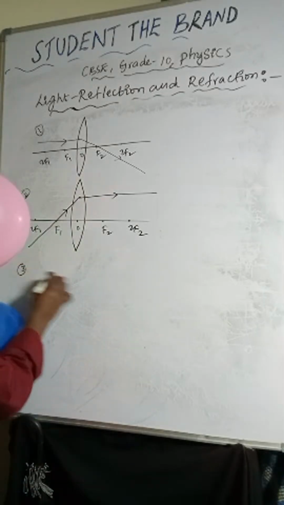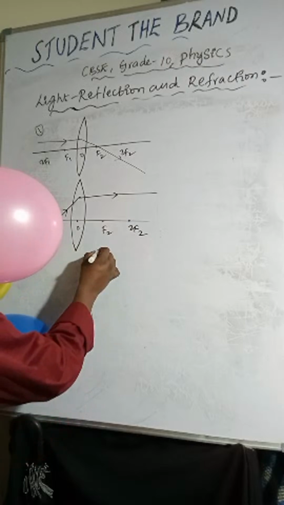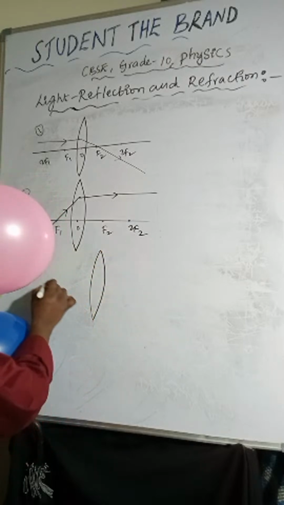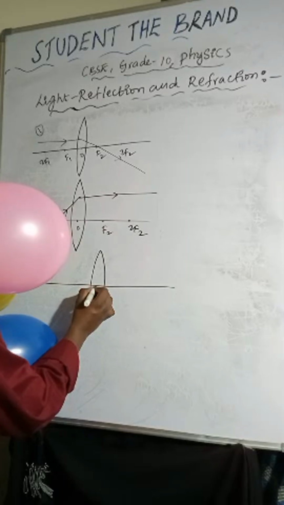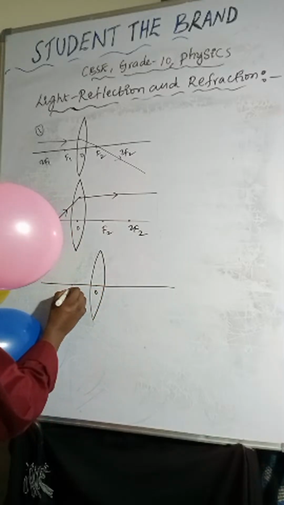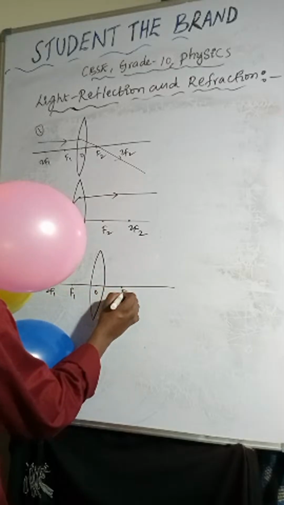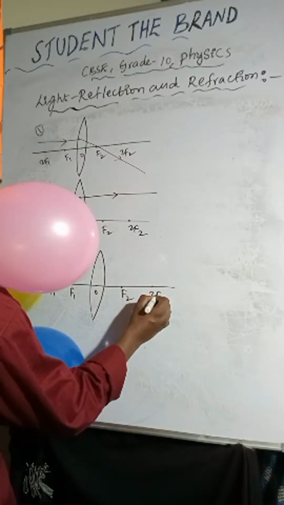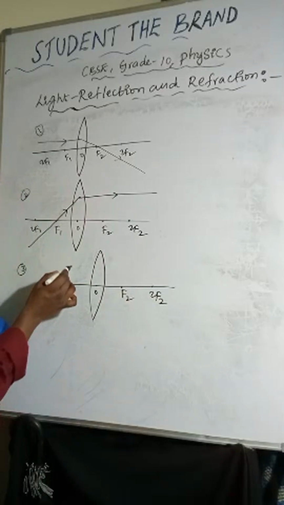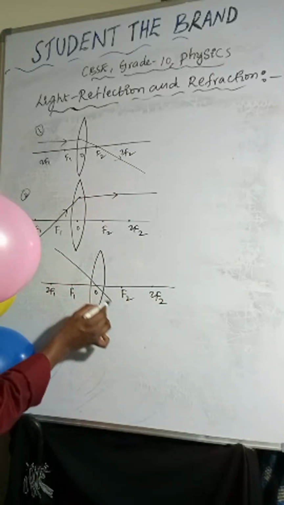Third one, optic center, F1, 2F1, F2, 2F2. So light ray is passing through optic center.